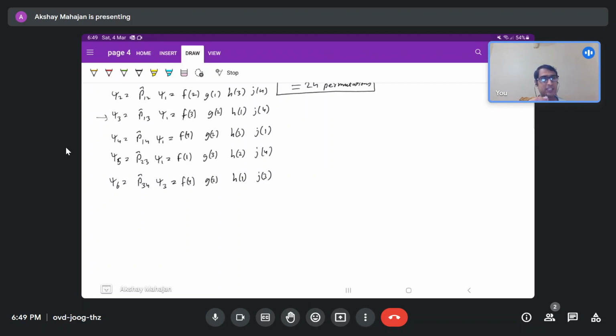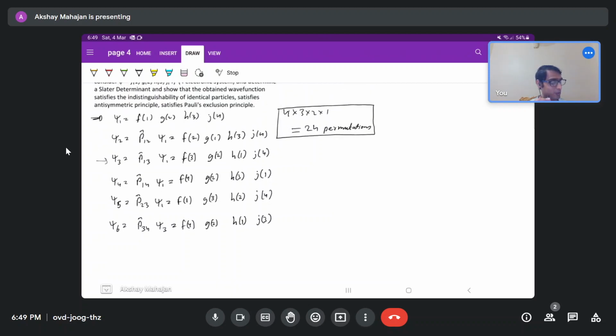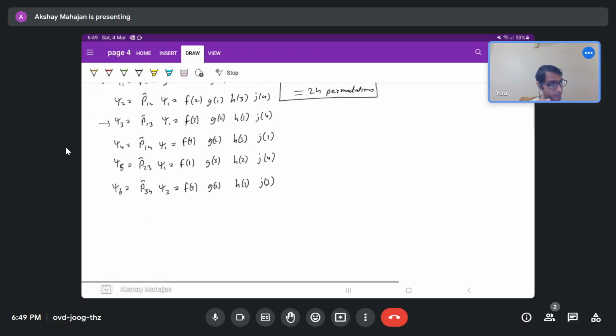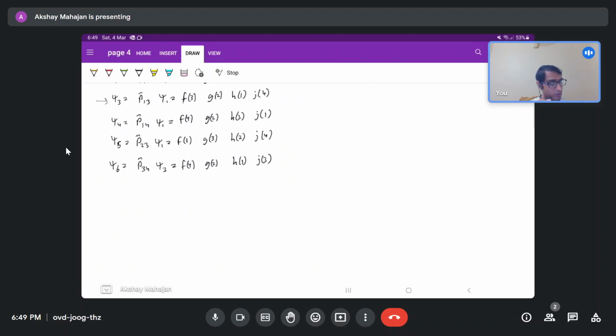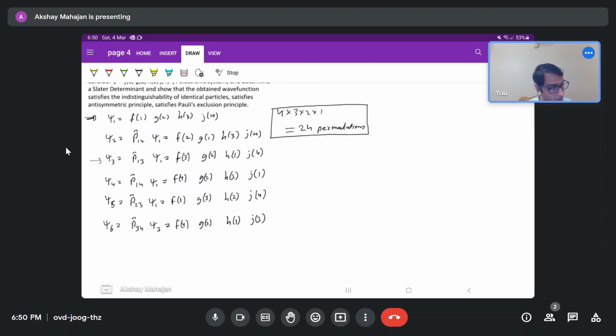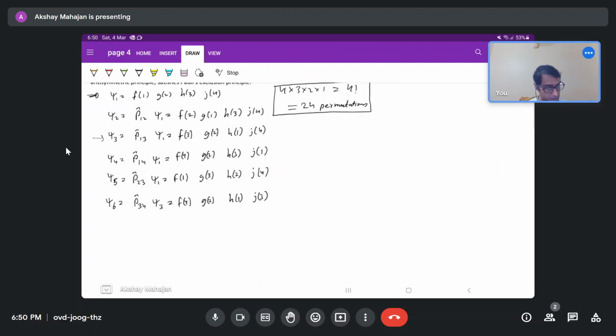You can do this as practice if you go on, but as you can see, there will be 24 terms, because we know that it will be 1 by root of n factorial, which is basically 4 factorial terms. Earlier for 3 factorial we had 6 terms. Now we will have 4 factorial terms, so we will have 24 permutations in here.